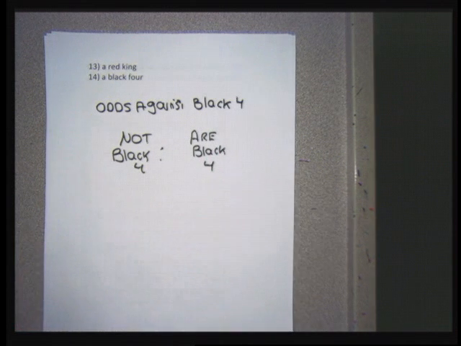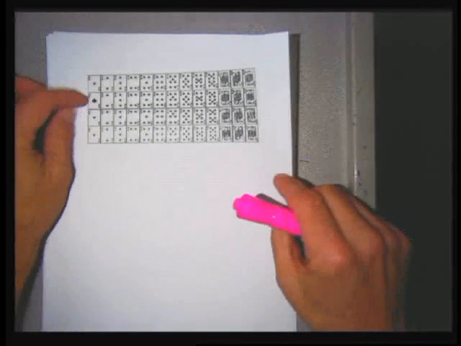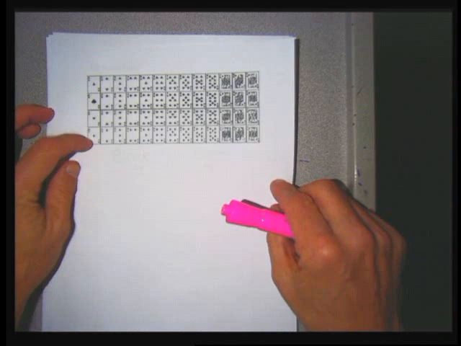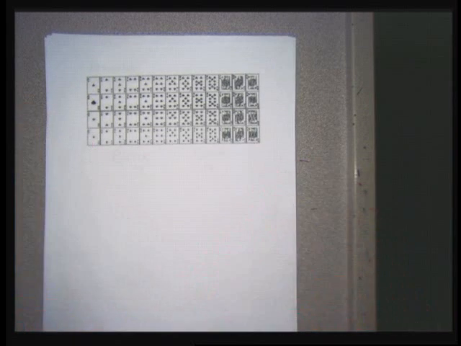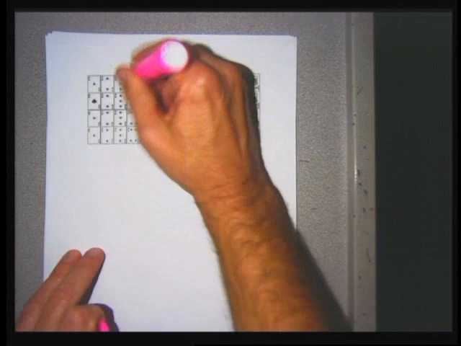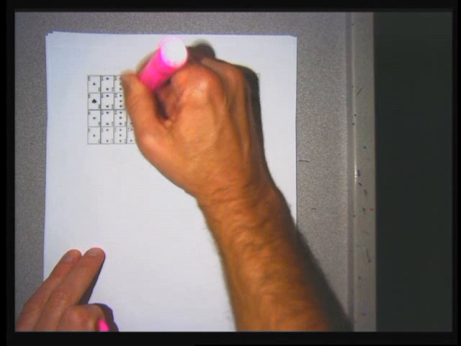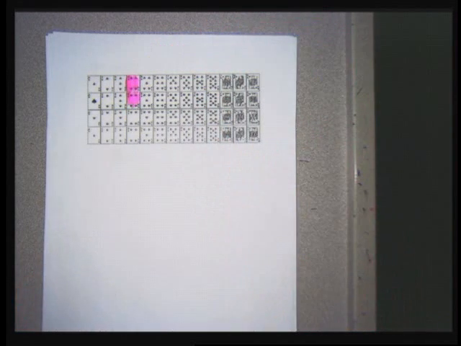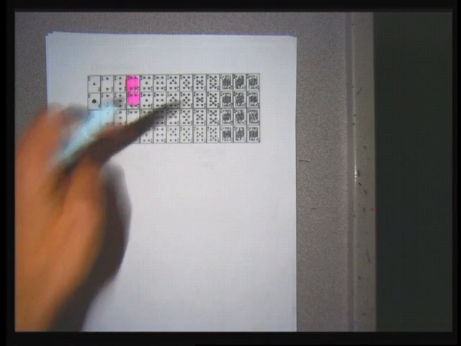So when I go to my deck of cards, clubs and spades are black, hearts and diamonds are red. So I need the black 4s. For the "are" black 4s, the 4 of clubs and the 4 of spades count as black 4s. They're the only 2 4s in the deck of cards that are black 4s. The other 2 4s are red 4s.